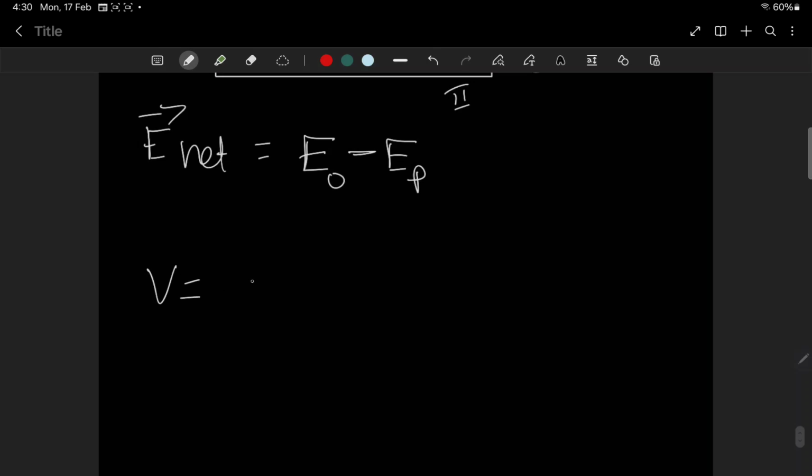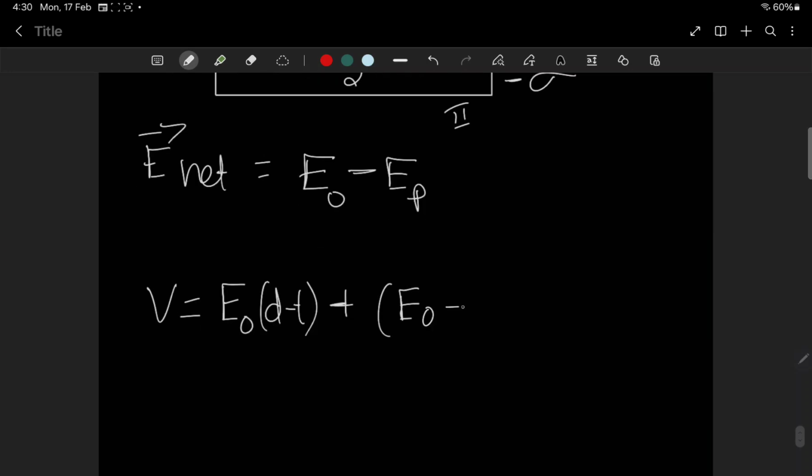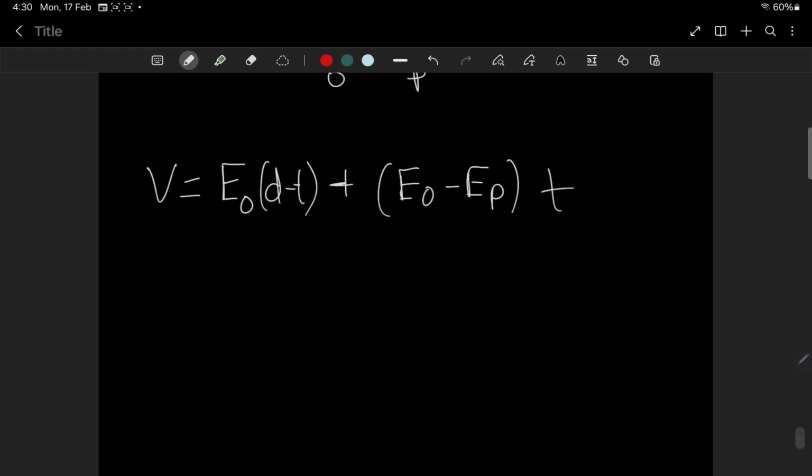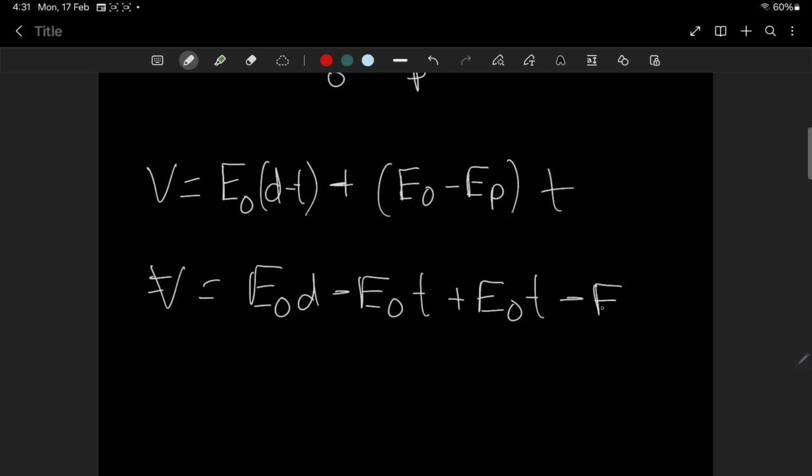Now therefore V will be E into D. E naught into D minus T, plus inside this part of thickness T, it is E naught minus EP into T. So V is equal to E naught D minus E naught T plus E naught T minus EP T, and E naught T cancels.